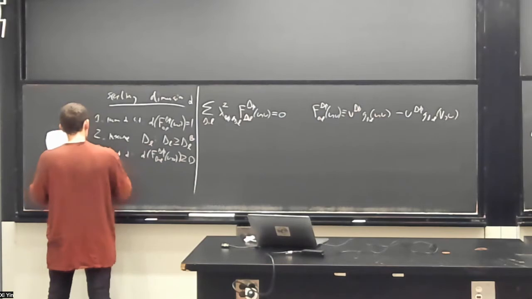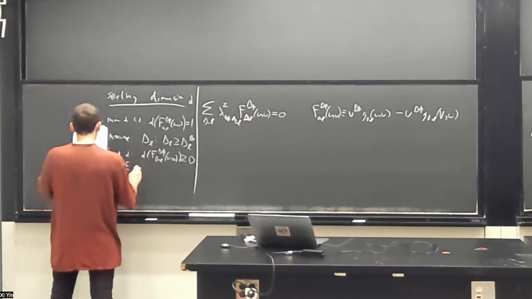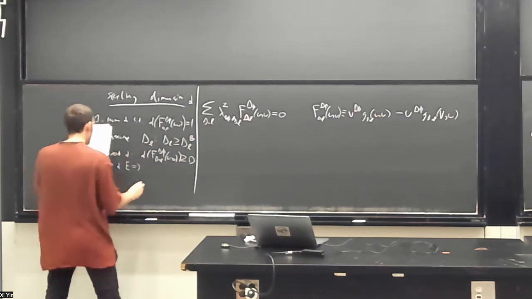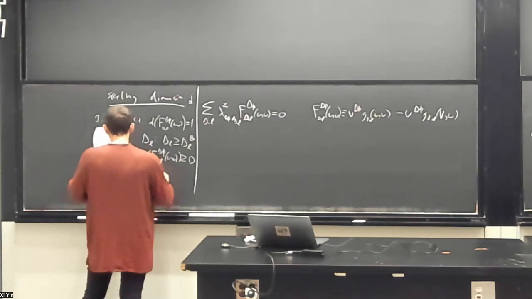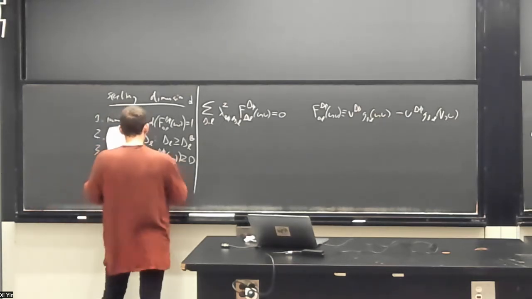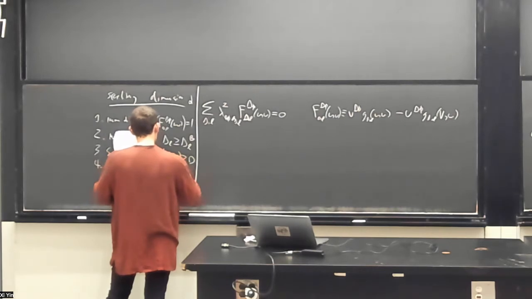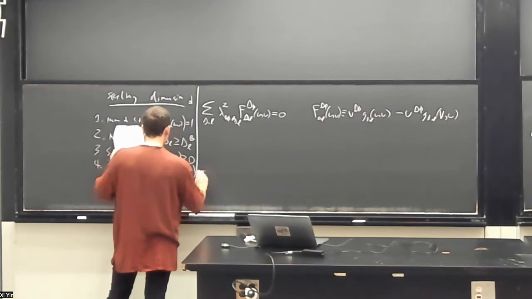And if such an alpha exists, then alpha acting on the sum of all these operators will then be greater than 0.